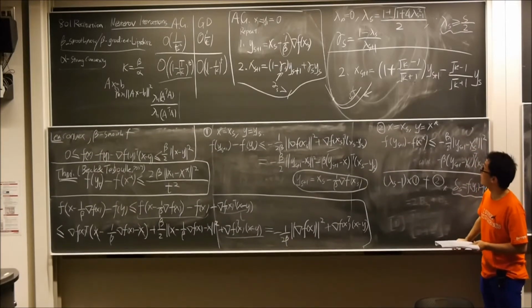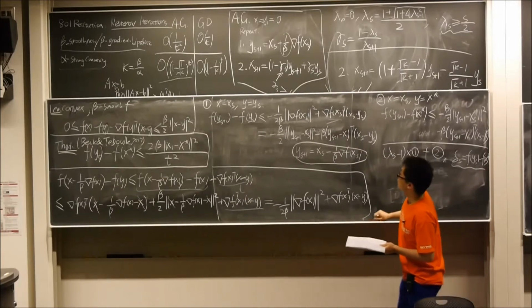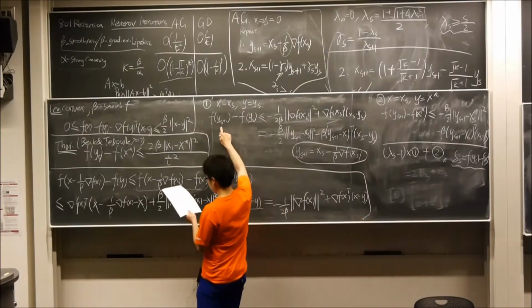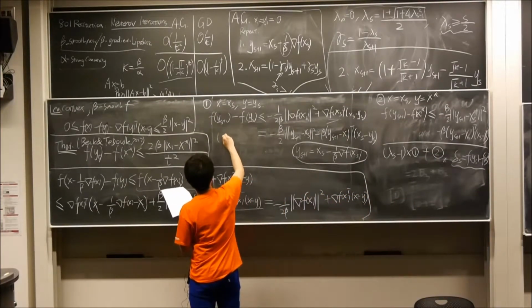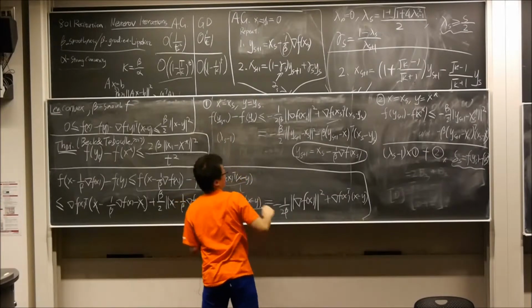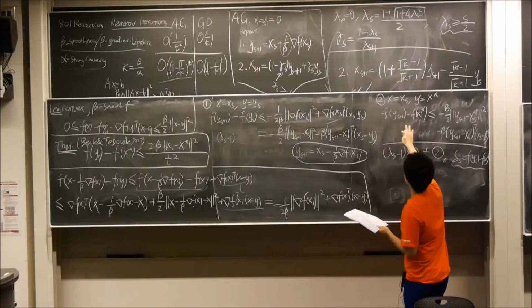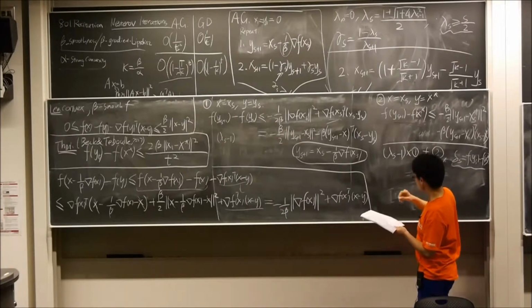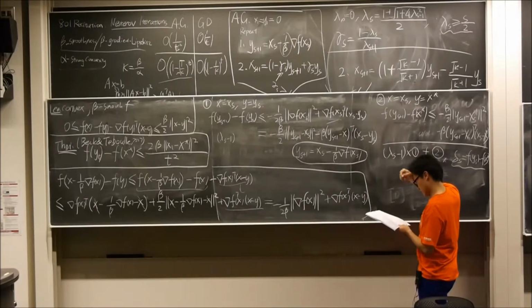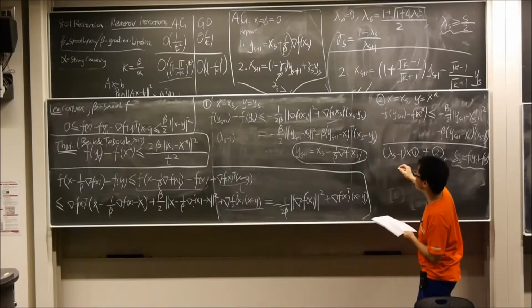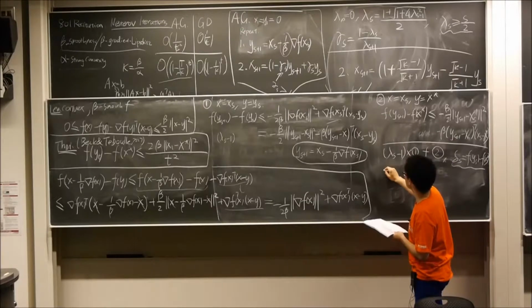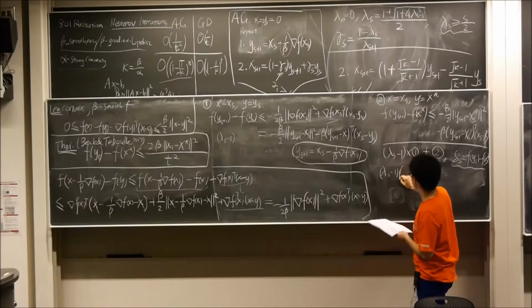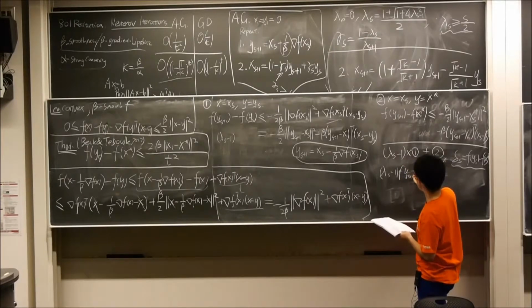So let's do the calculation. If we multiply lambda s minus 1 here to the left-hand side and add it to here, what we'll get? We'll get lambda s minus 1 Fy s plus 1.